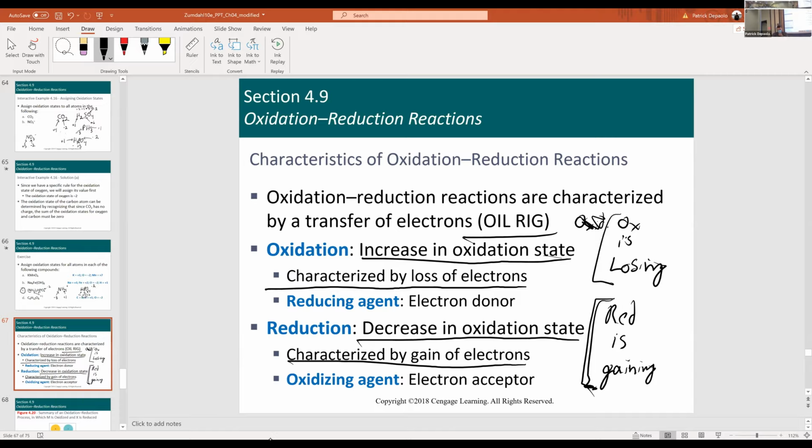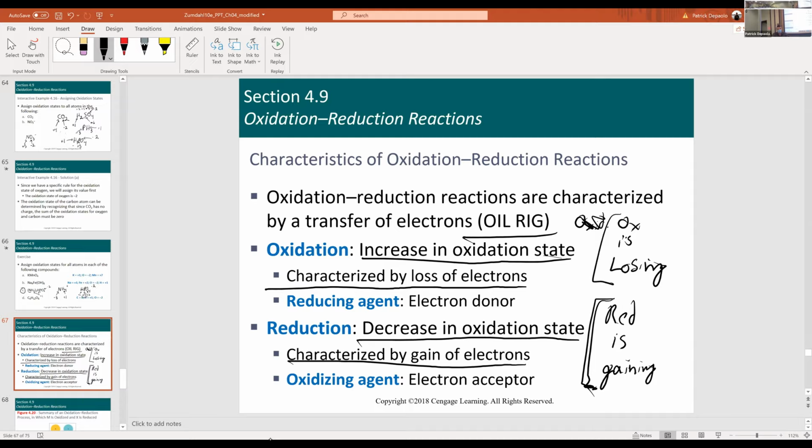And similarly, the gained electrons of the substance that is reduced have to come from somewhere. They are gained from the substance that's oxidized and loses those electrons. Another way you can think about it is if something is being oxidized, it is causing the reduction of something else.